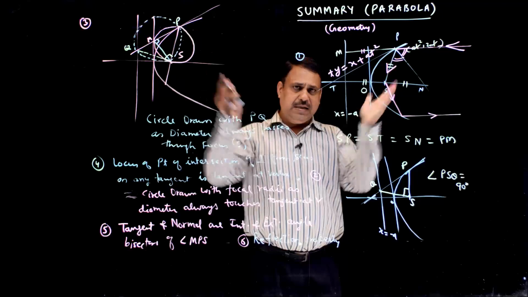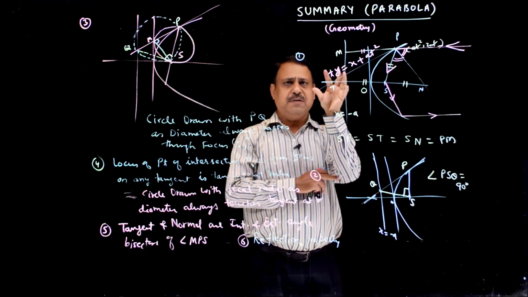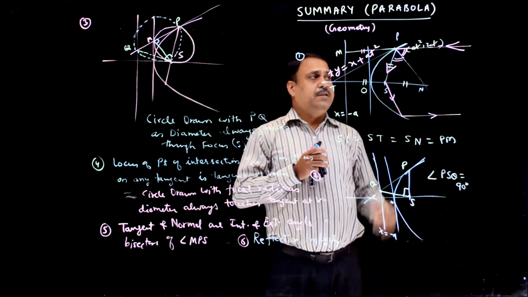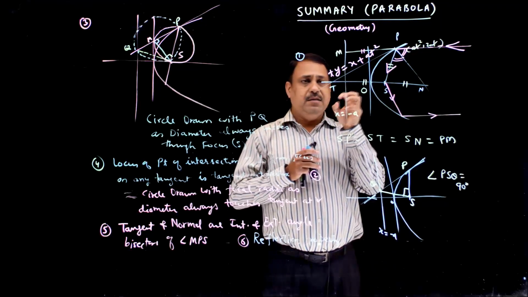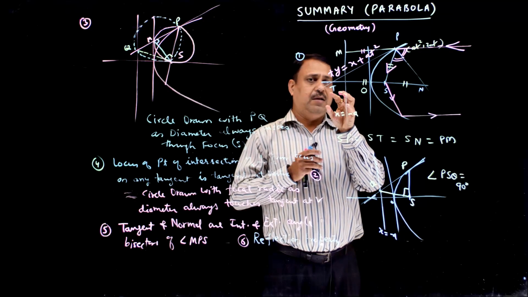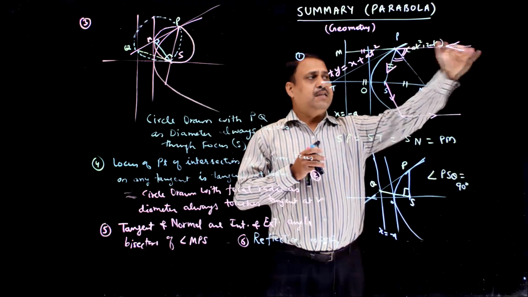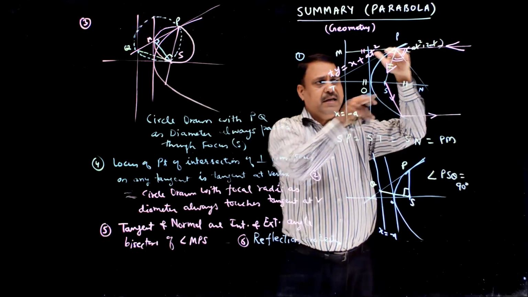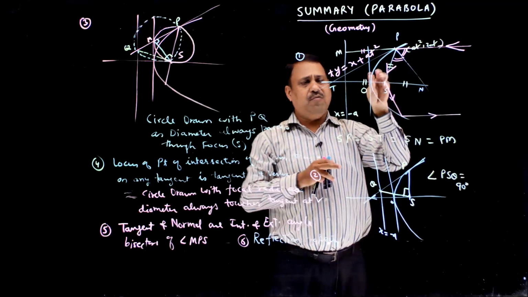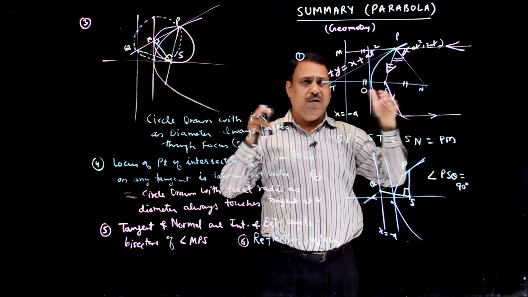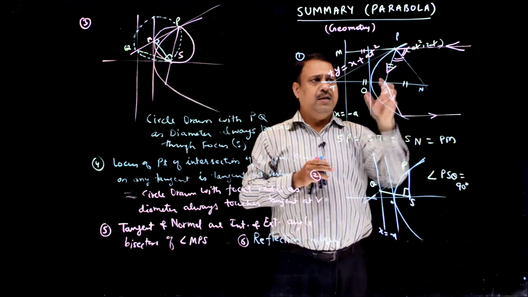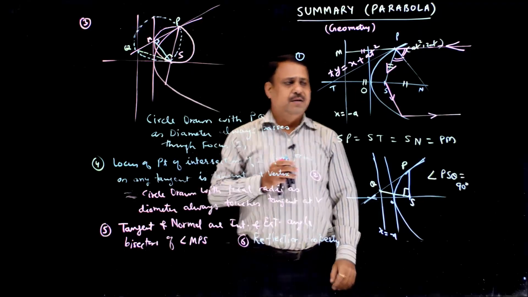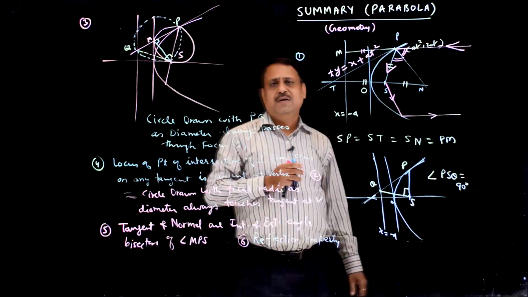You have seen TV antennas like this, and then there is a receptor kept at some distance. So what happens there? The receptor is kept at the focus of the parabola. Signal is coming from infinity, and all signals pass through the focus, so it gets boosted. All signals pass through this single point, and at that point the receptor catches the signal. So these are two different applications of the parabola.